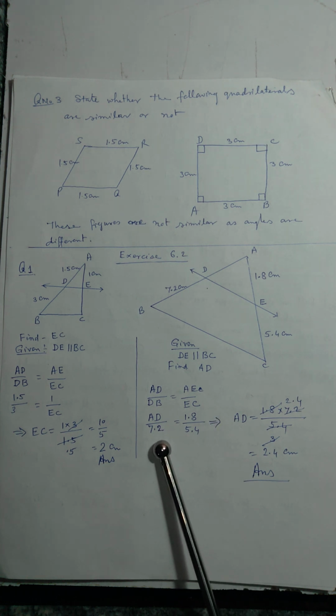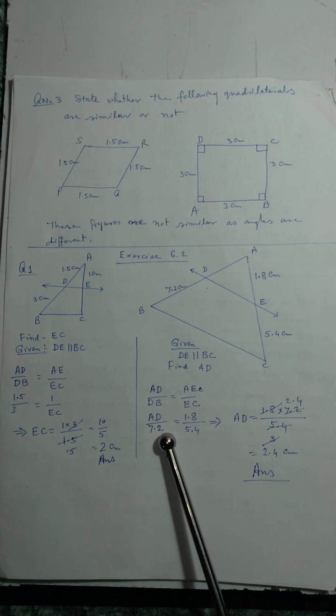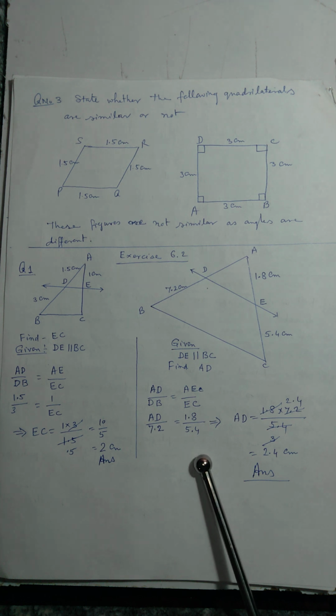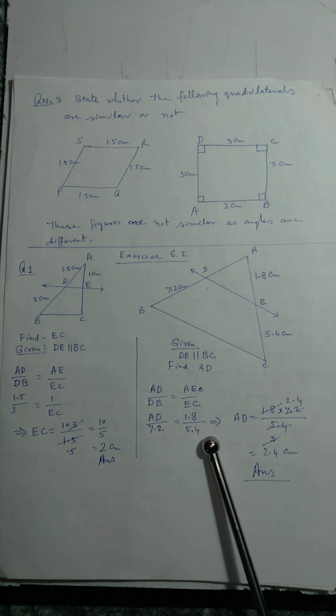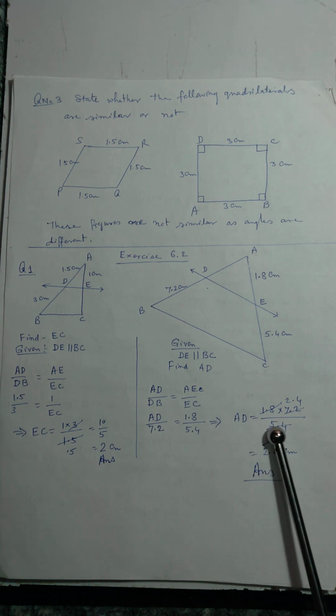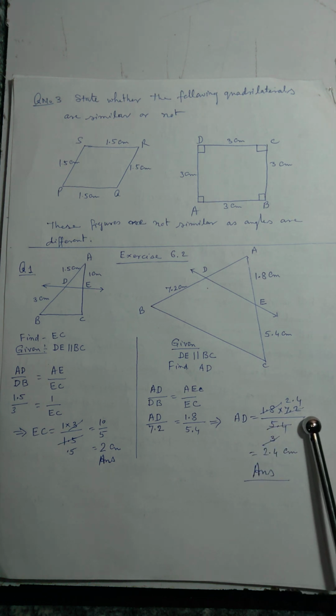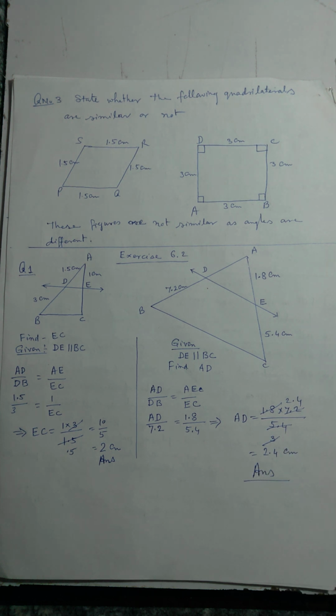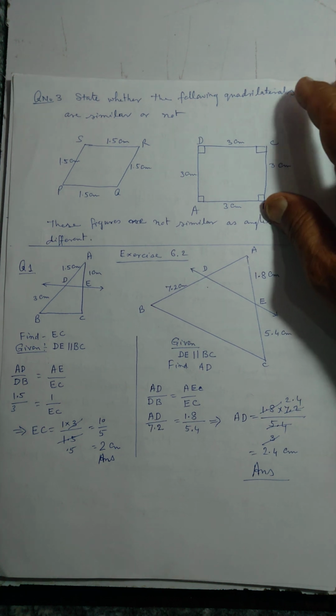AD is unknown, but BD is 7.2, AE is 1.8, and EC is 5.4. So AD will be equal to 1.8 into 7.2 divided by 5.4. Solve it, you will get 2.4. This will be the answer of the second part of question number 1.